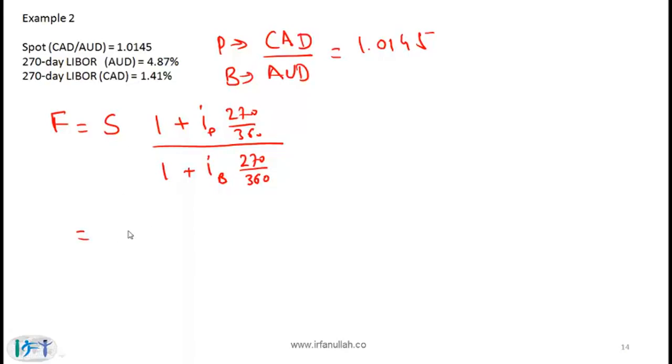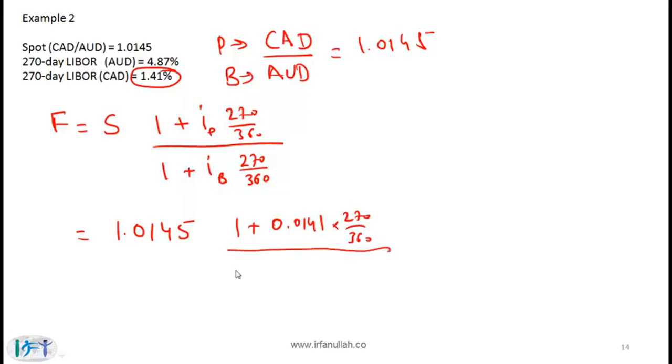The spot rate is 1.0145 into 1 plus interest rate in the price currency. The price currency is the Canadian dollar. Canadian dollar interest rate is 1.41%. So we put in 0.0141 multiplied by 270 over 360, and this is divided by 1 plus interest rate in the base currency.